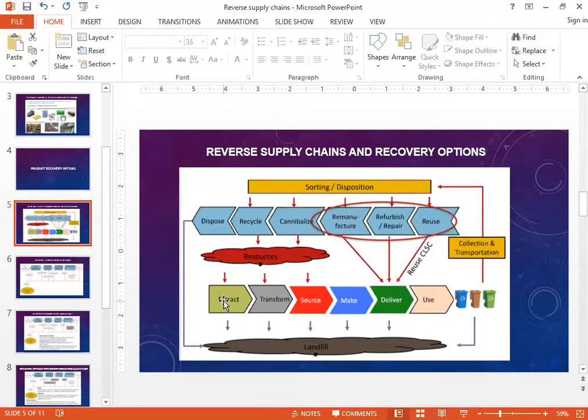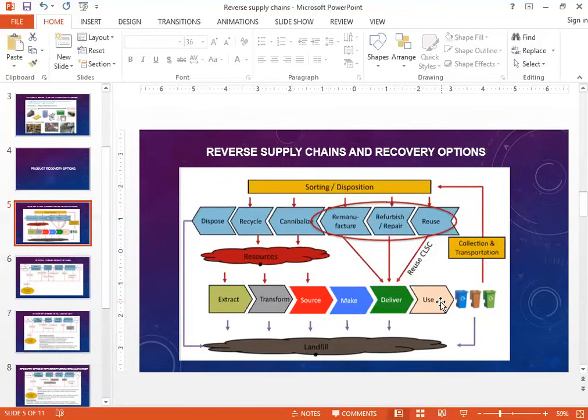Let's say there are certain minerals that need to be extracted. Those minerals are extracted, transformed. Other goods are then sourced, added on to the minerals, and then perhaps some goods are made, delivered, and then used by the consumer.